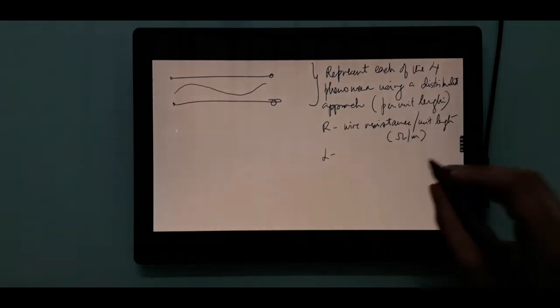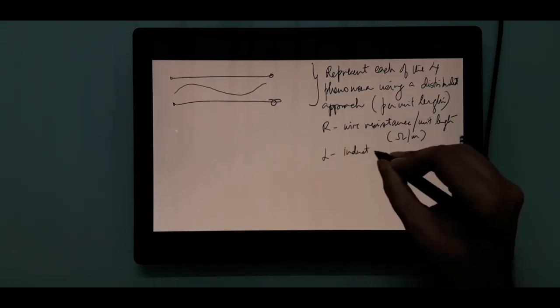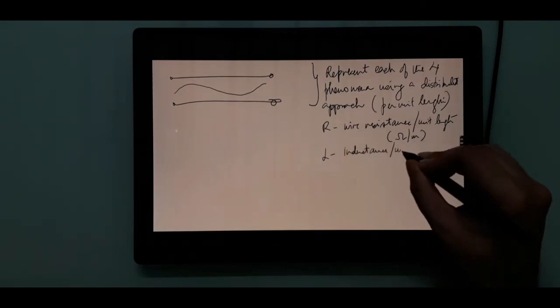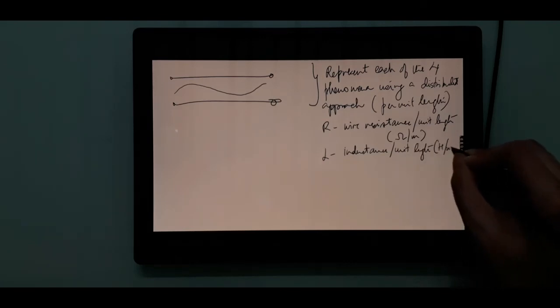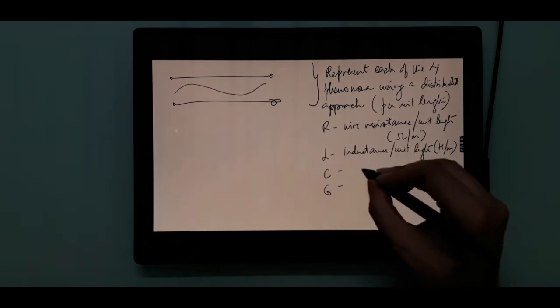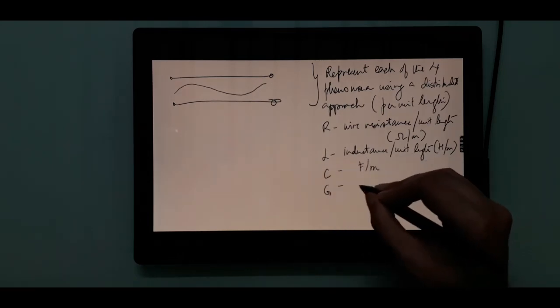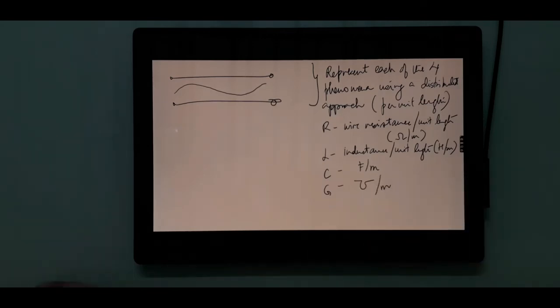Inductance is per unit length. So it becomes Henry per meter. Likewise, capacitance and conductance, one is farad per meter, the other is mho per meter.